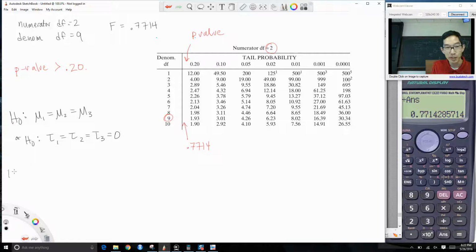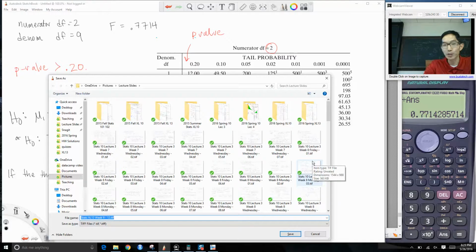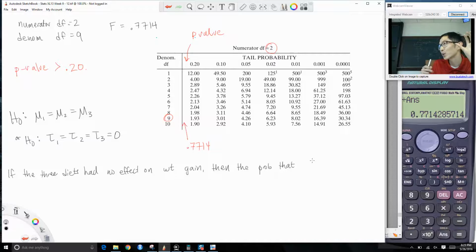So this basically says if the 3 diets had no effect on weight gain, then the probability that my sample of data would end up having this split of variance, where we could attribute basically 36 of the sum of squares to the groups and 210 to within diets, by random chance is over 20%.